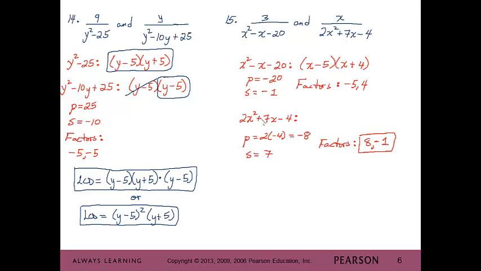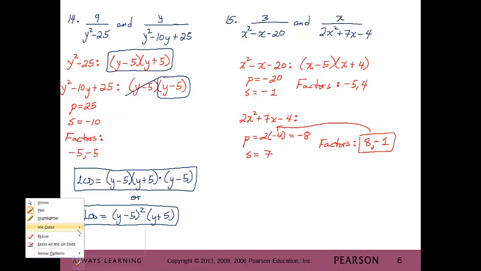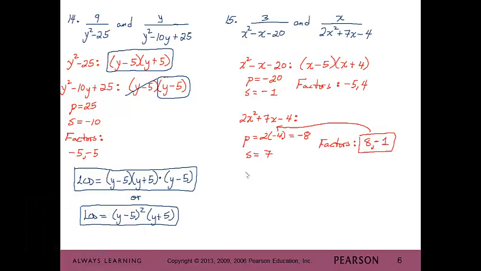Now because the leading coefficient is 2 and not a 1, we're going to take our factors and replace the middle term. So we're going to have 2x squared plus 8x minus x minus 4. And then we're going to group the first two terms together. And then group the last two terms together.